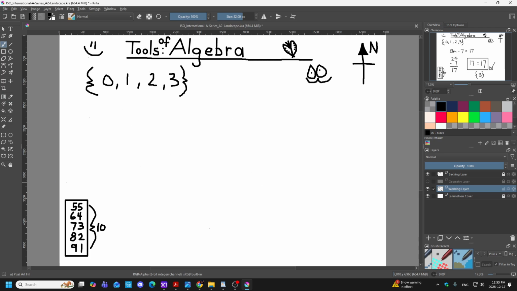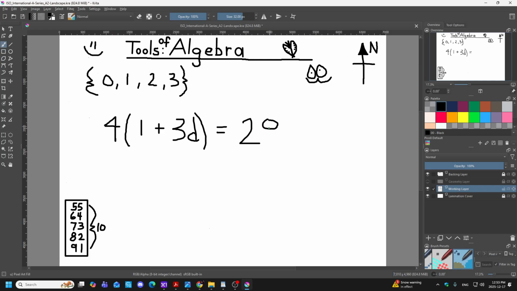Let's do one more here. 4 times the quantity 1 plus 3d equals 28. So, substitute 0 for d.